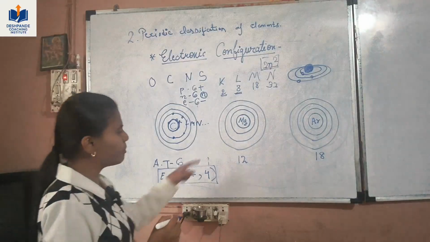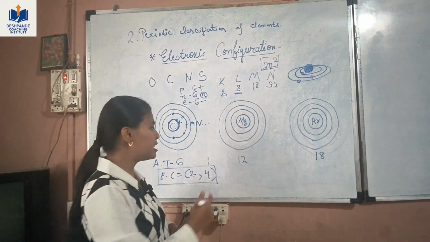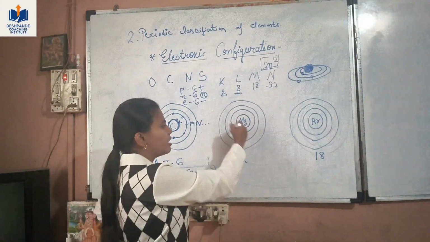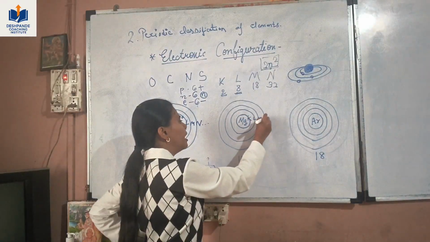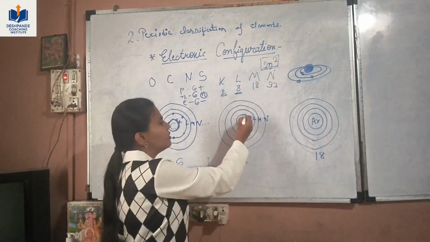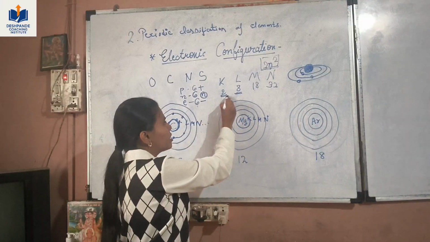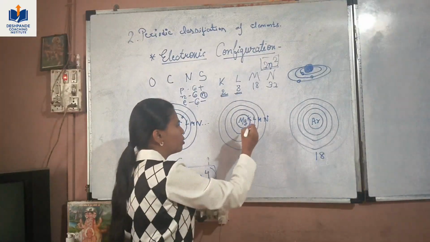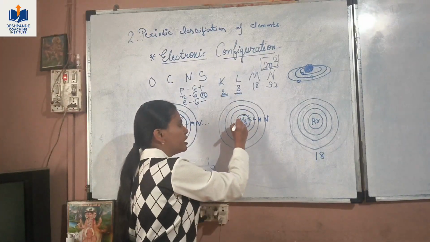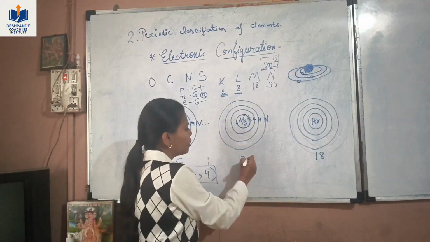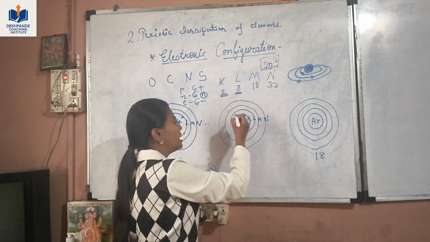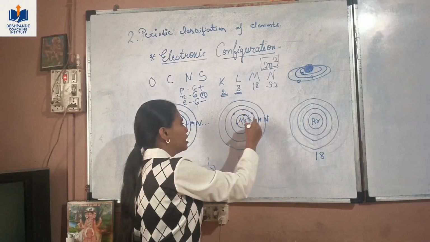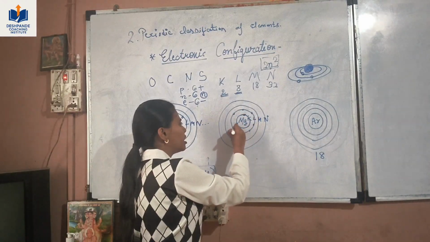Okay, so let's do it for magnesium. Magnesium has 12 electrons. We'll start filling the shells. First is K, L, M and N. In the first shell we have a capacity of 2 electrons only. So 2 out of 12 will be in the K shell. Then 12 minus 2 is 10. The capacity of L is 8, so there will be only 8 electrons in the L shell.